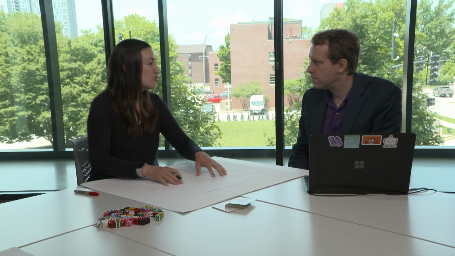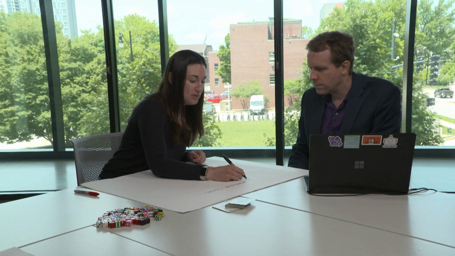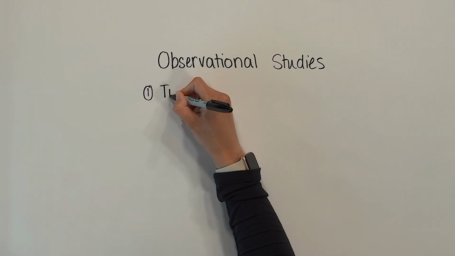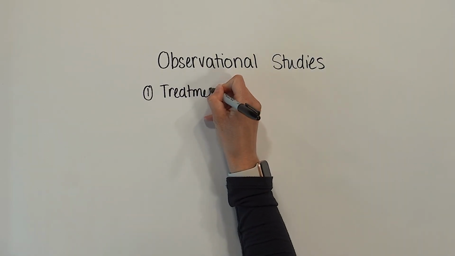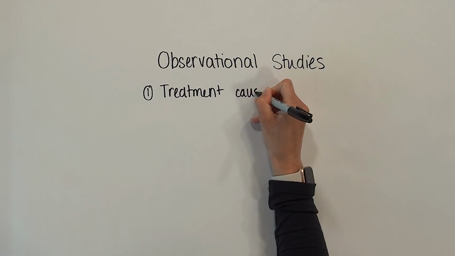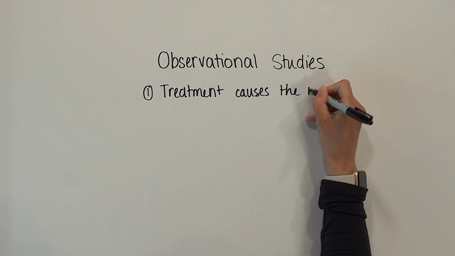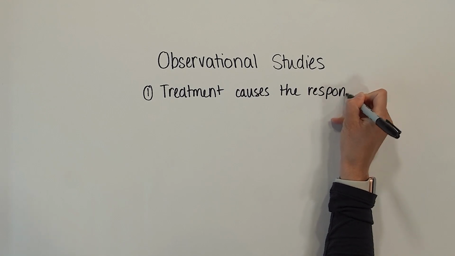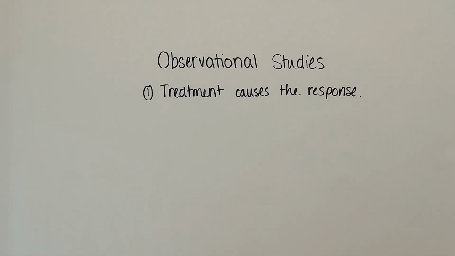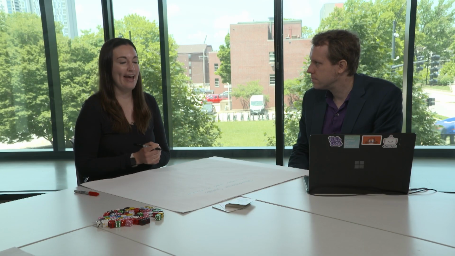But with any study, there are always two options. Option number one is that the treatment causes the response. And if that's the case, then we're going to have something that explains how or why that happens.